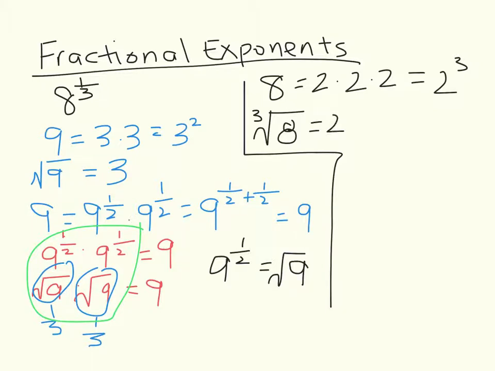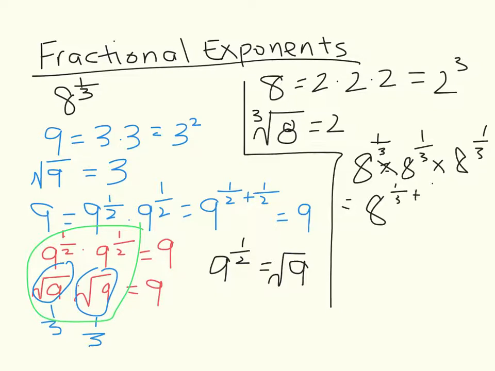So 8 equals 8 to the power 1/3 times 8 to the power 1/3 times 8 to the power 1/3. If you apply the product of powers property, it will be 1/3 plus 1/3 plus 1/3, and that should give you 8 to the power 1.